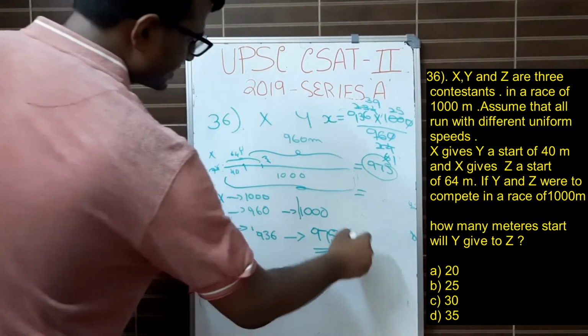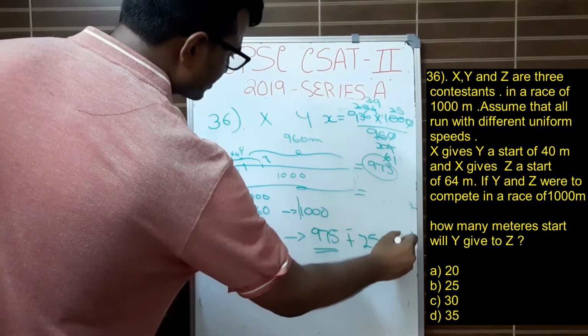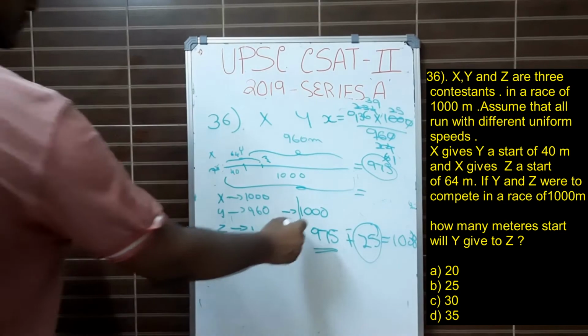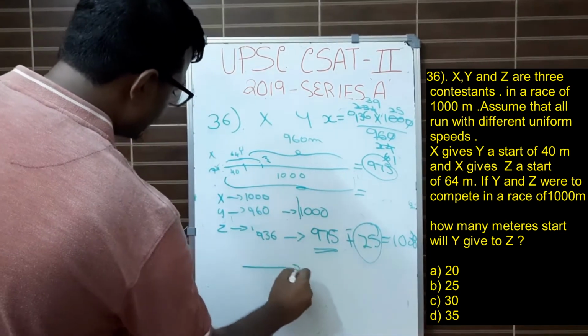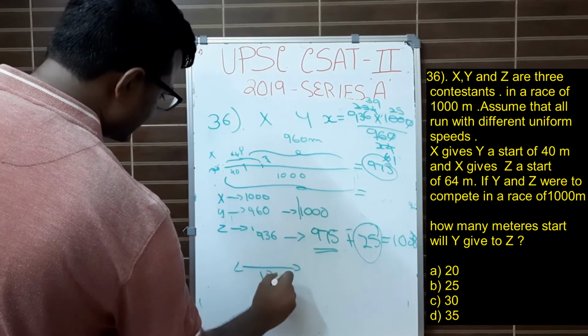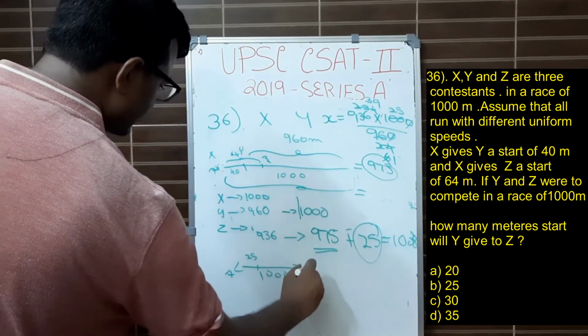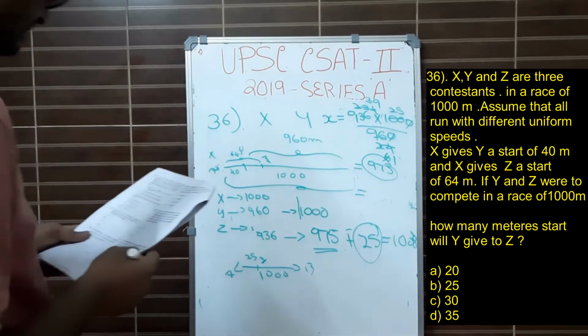So what is this difference? 25 meters. 975 plus 25 is 1000. So this difference of 25, 1000 minus 975, is the head start which Y will give to Z in this 1000 meters race. Z will start with the head start of 25 meters. So the answer should be B.